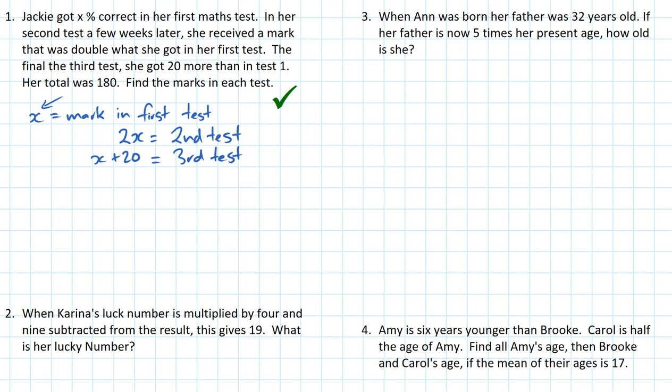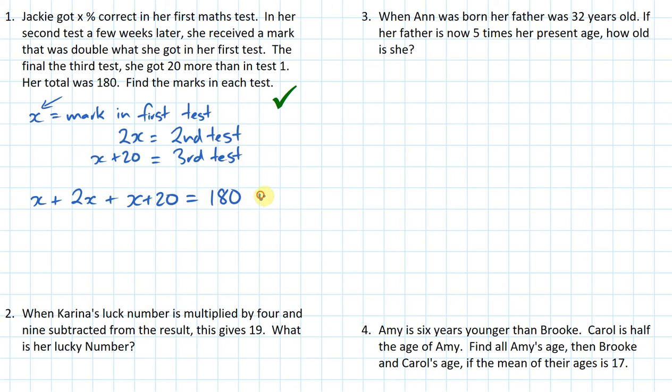Her total was 180, and we need to find the marks in each test. So the total means the mark in her first test plus the second test mark plus the third test mark is equal to 180. So if we go X plus 2X plus X plus 20, we're adding all the marks together, the total is 180.